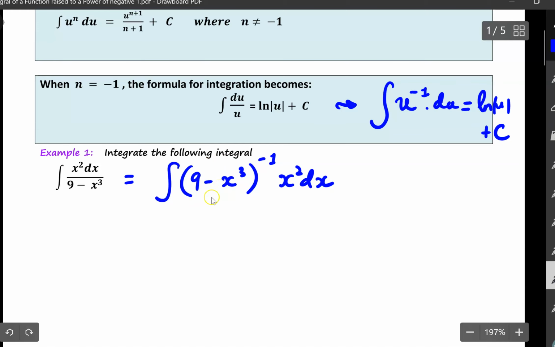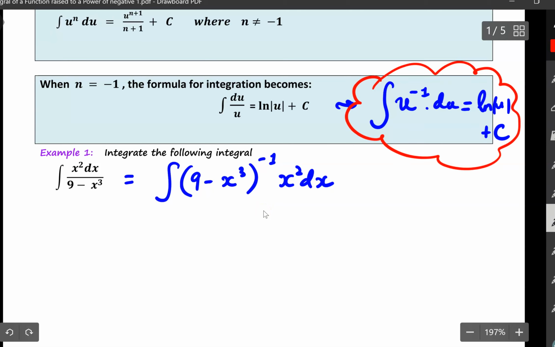Immediately after that, you will take the differentiation of this function and then manipulate your equation to separate your variables and do the substitution for both parts: x squared times dx, and also u raised to the exponent of -1 in this case. So in the end, we are targeting this formula. All right?